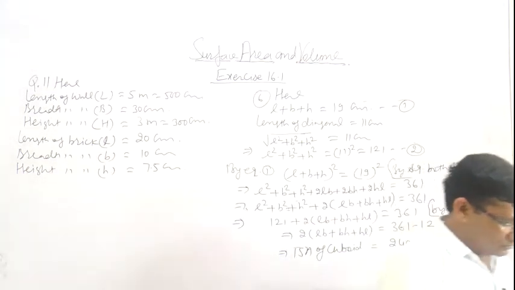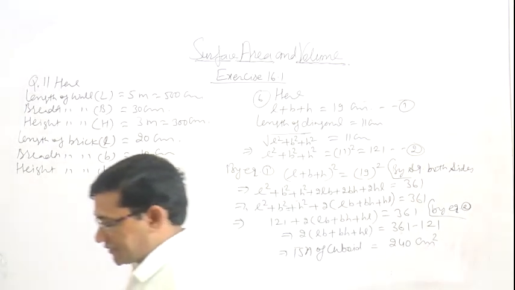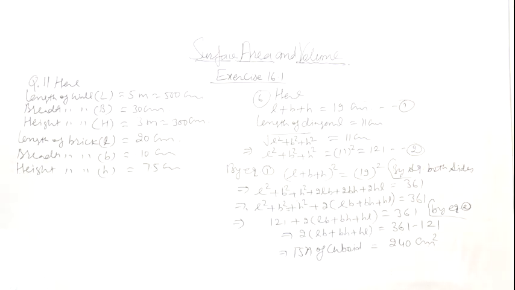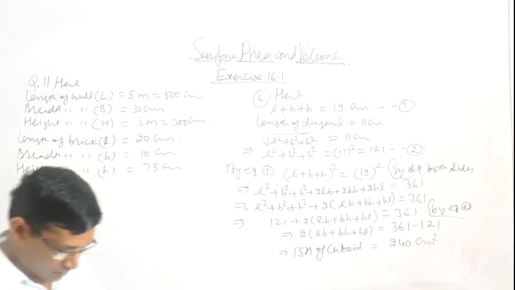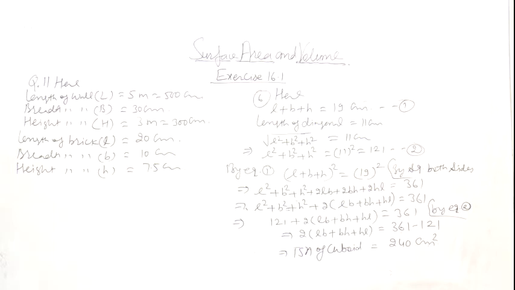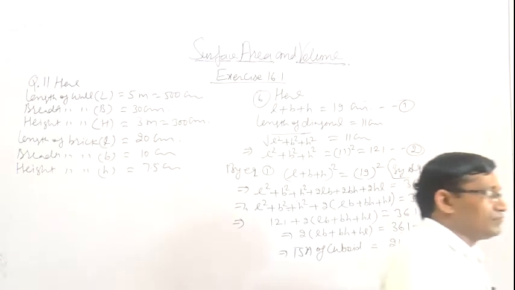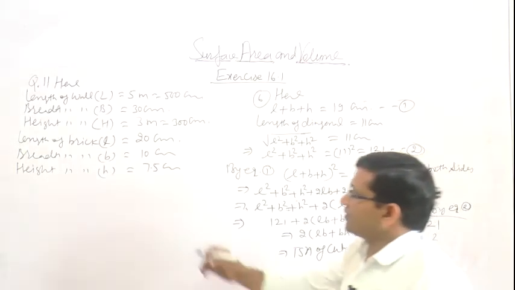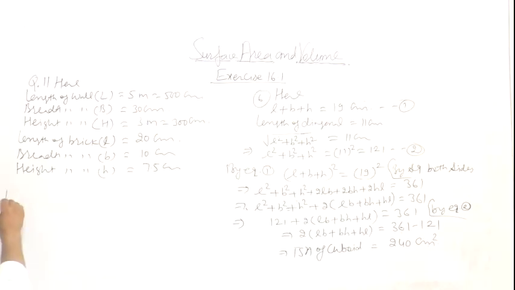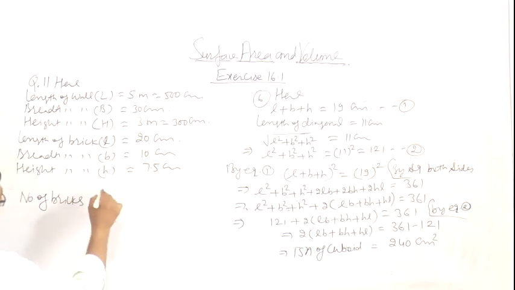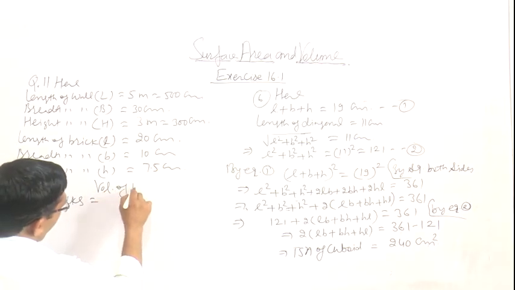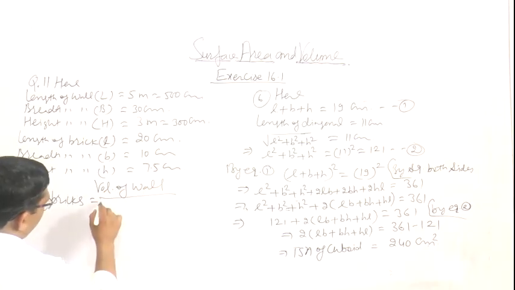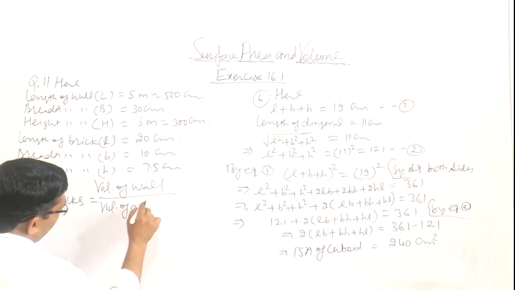We want to find out how many bricks are required to make a wall. For one complete wall, how many bricks will we require? So number of bricks is equal to volume of wall divided by volume of a brick.